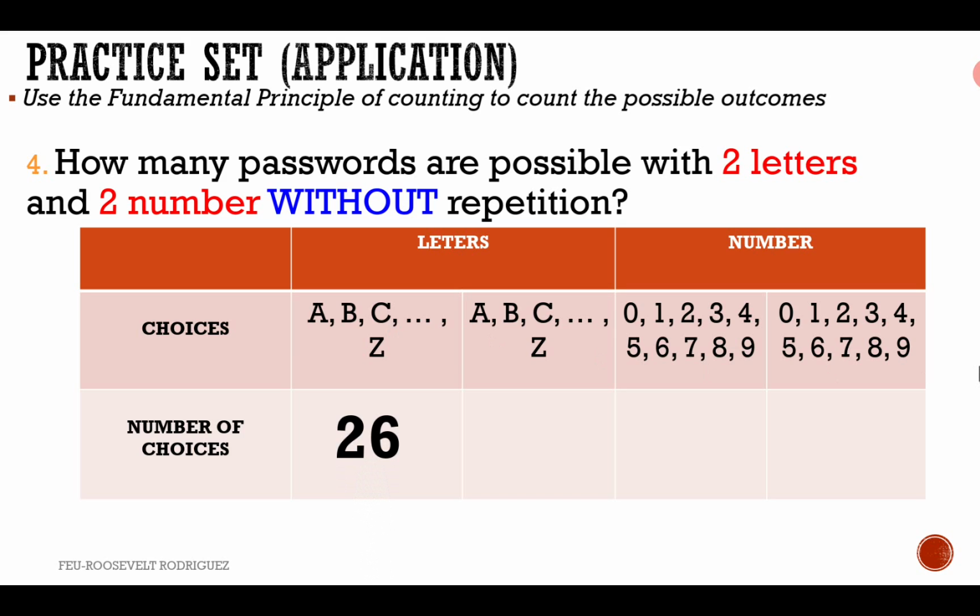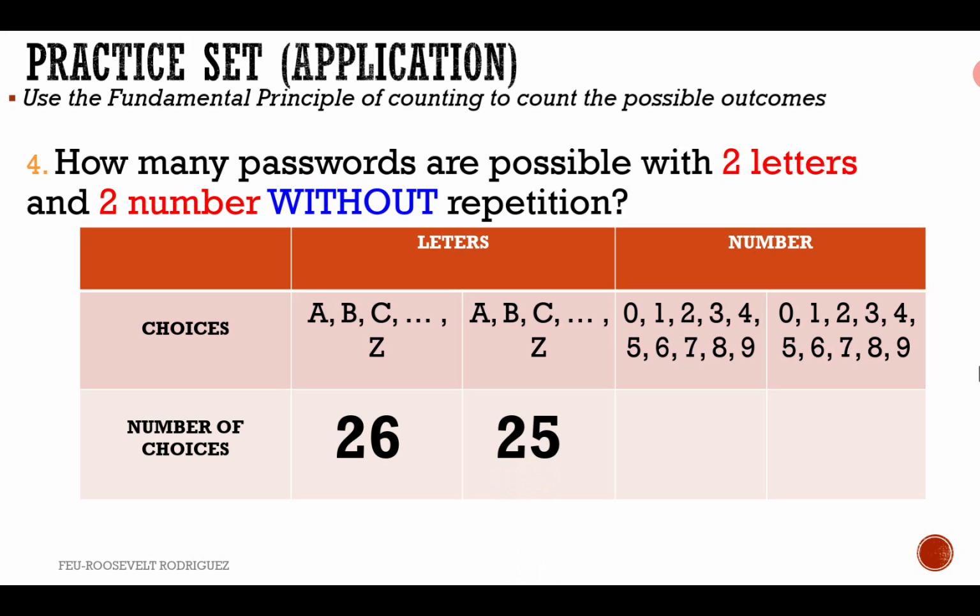Okay? Sa pangalawang letter natin, since bawal maulit, kunyari, for your first letter napili mo na yung A. For letter number 2, hindi mo na pwedeng gamitin yung A. Ibig sabihin, B, C, D, up to Z na lang yung pwede mong piliin. So, mangyayari dito is 25 possible outcomes na lang sa ating second letter.